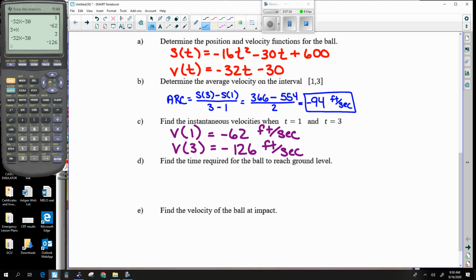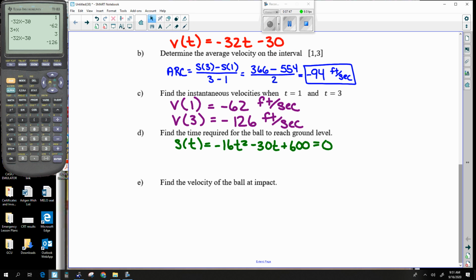What is the time required for the ball to reach the ground? That's when position is equal to 0. So that would be when the position is equal to 0. You might be able to factor that. I doubt it, but you might be able to factor that.